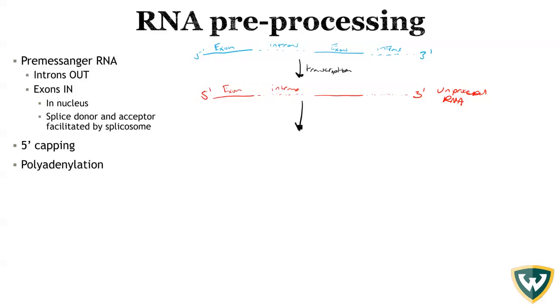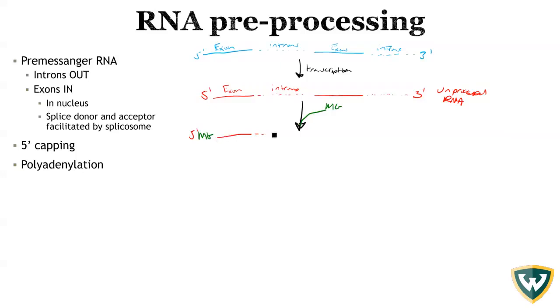So what do we need to do to process it? First, we have to add in what's called a methylguanine 5' cap. And so what that looks like is just like this. We have 5' methylguanine added to the 5' end.